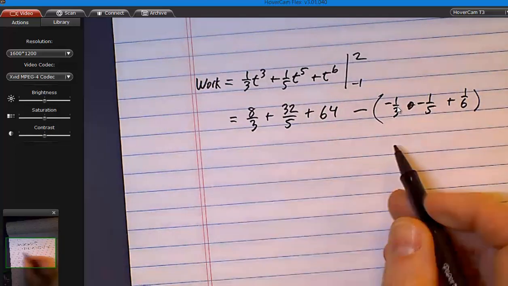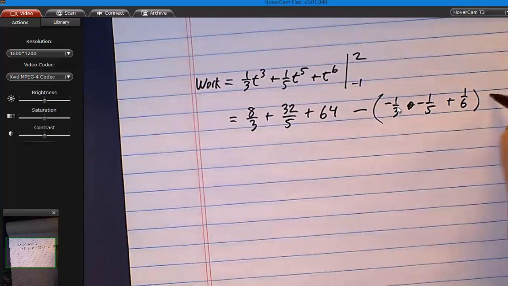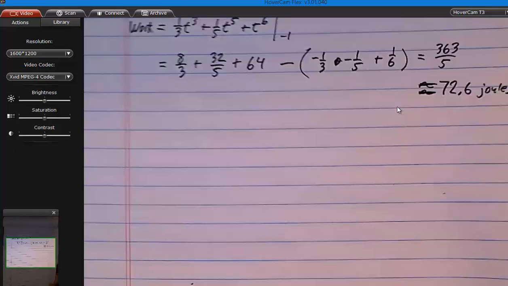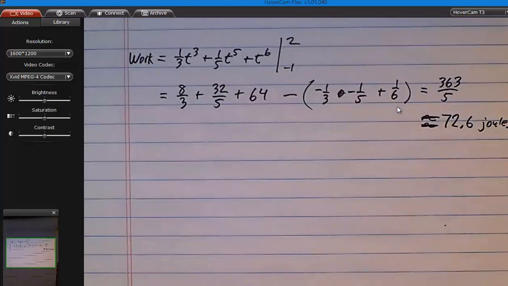If you subtract that all carefully, without going through the details, you get 363/5, which is exactly equal to 72.6 joules. 72.6 joules is the work done by that integral.